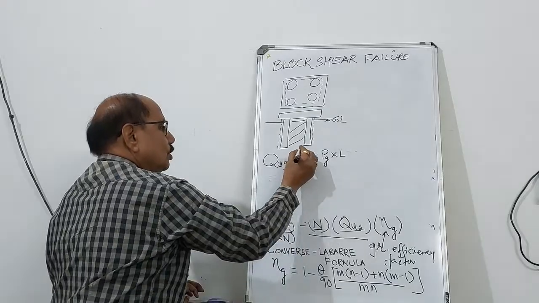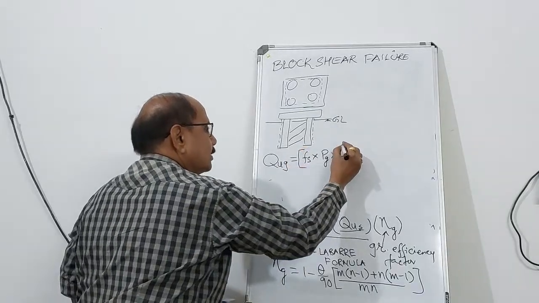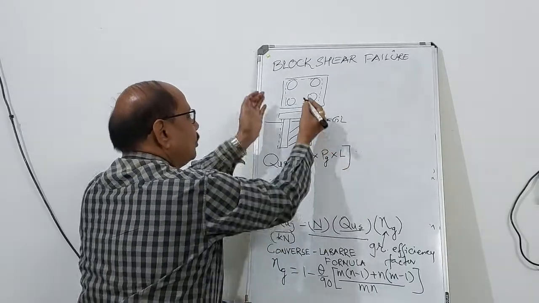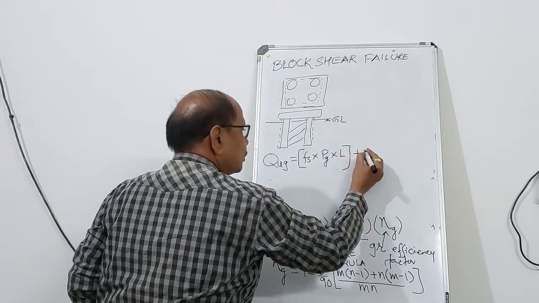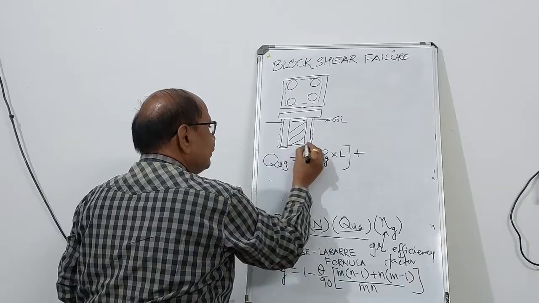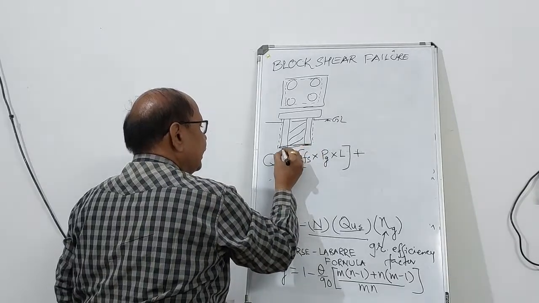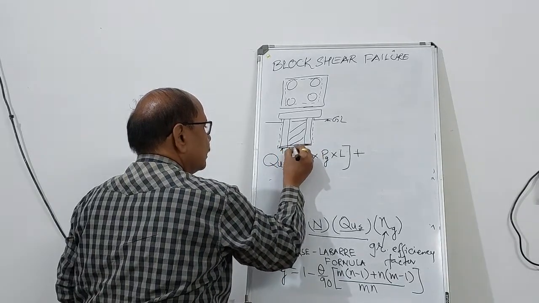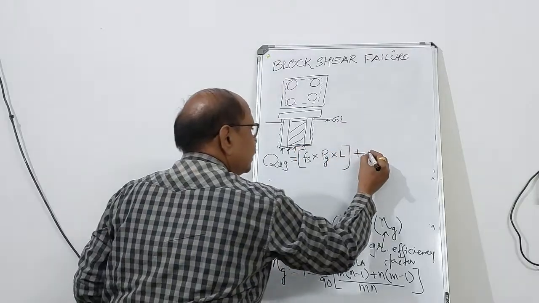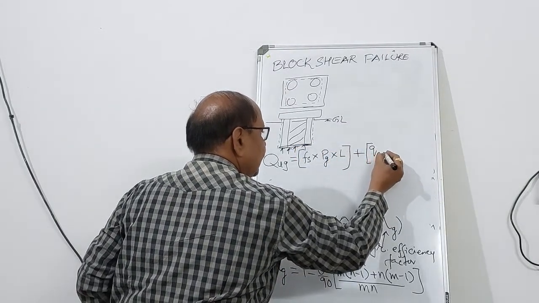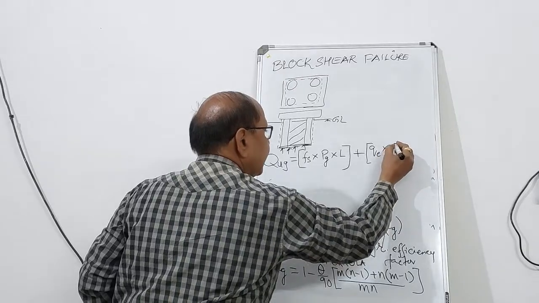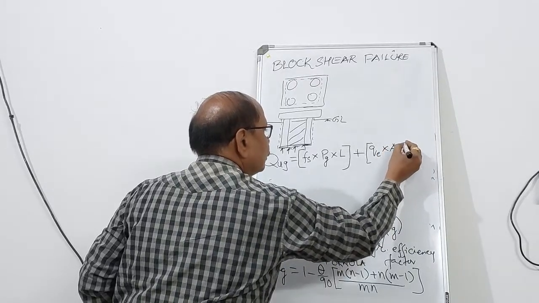So this is the skin friction that is going to develop on the periphery, plus at the end, because it is acting as one unit, the unit end bearing QE multiplied by the area of the group.